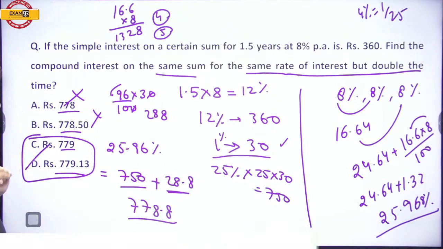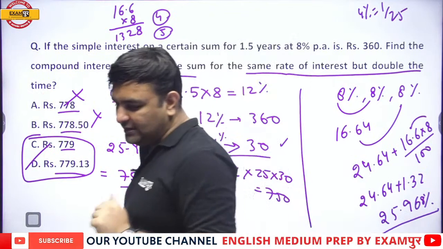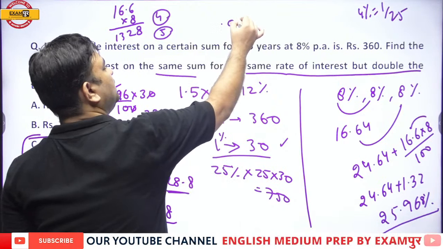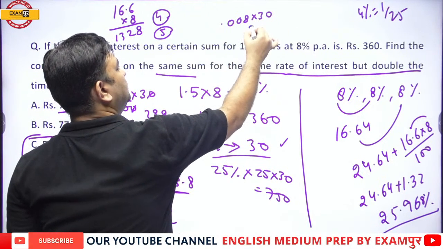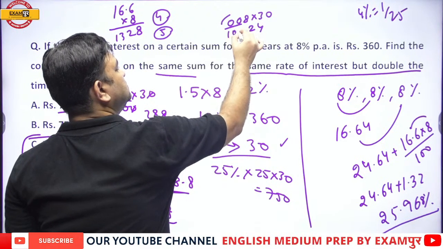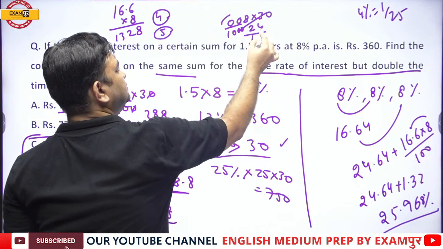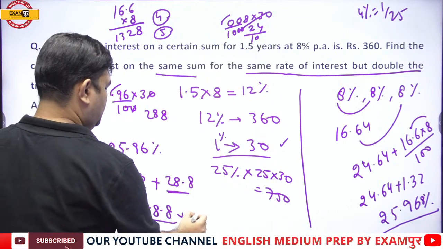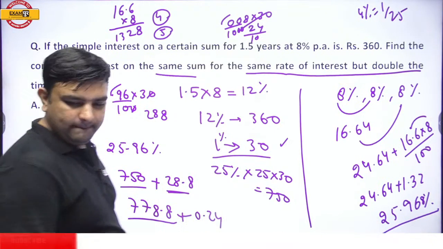Yeah, it can only be in decimal. 0.008 will give a decimal upon multiplication. So it's 0.13.